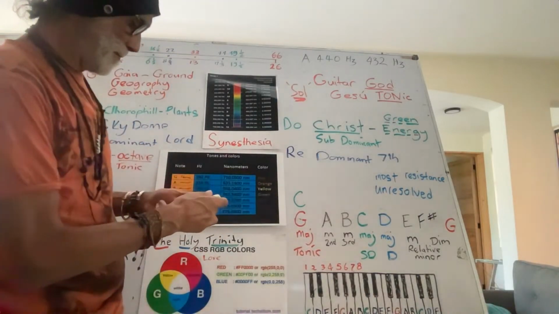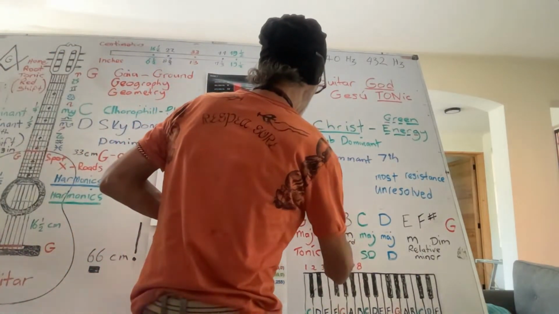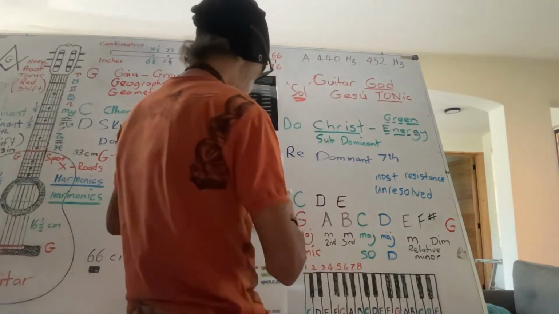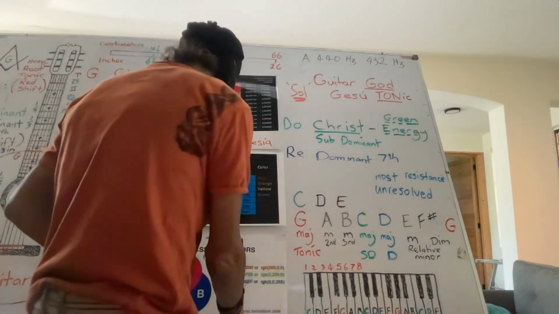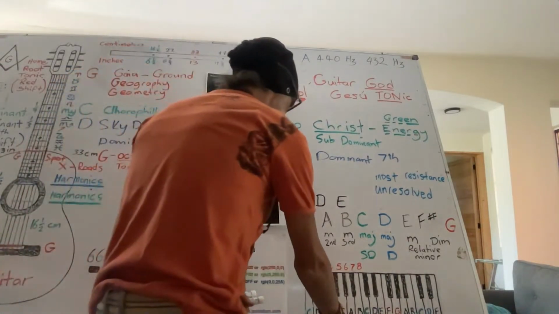So we're going to have C will be there. D, E, F is purple. I don't know how I'm going to get purple here.